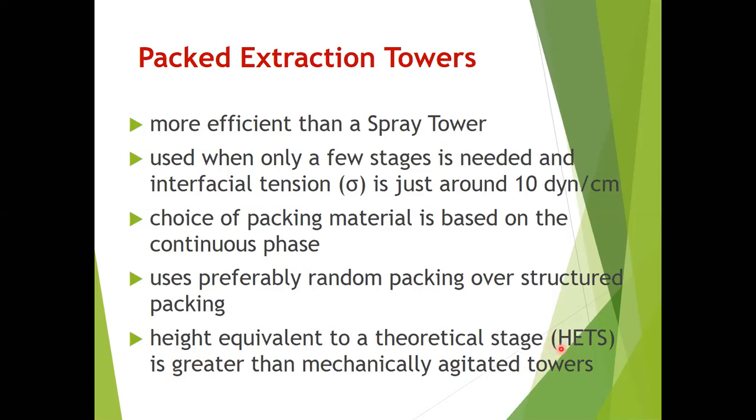So gas absorption is HETP, while in liquid-liquid extraction, it's HETS: the height equivalent to one theoretical stage. So how high is one theoretical stage when we determine the height of our packed extraction tower? Now, the HETS is greater than in mechanically agitated towers, those towers that have some form of agitation.